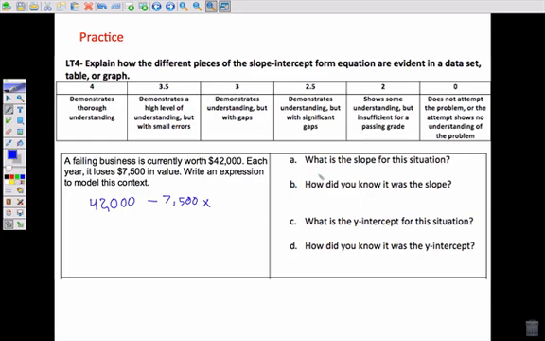So what is the slope for this situation? Our slope would be negative $7,500. How did you know this is the slope? Because this is how much value the business loses each year. So it's the rate of change for our business.